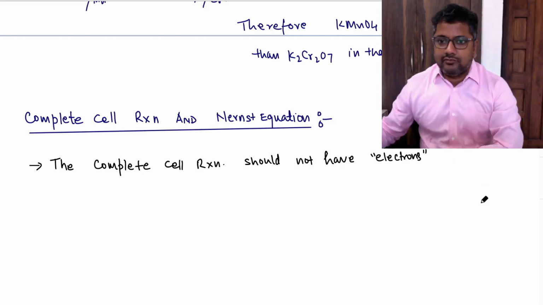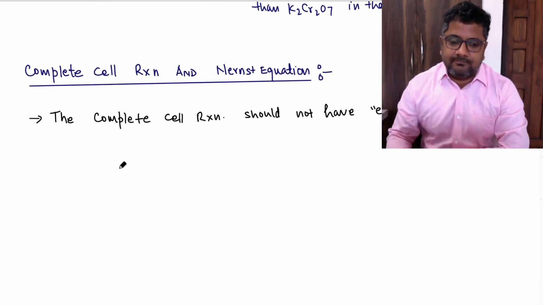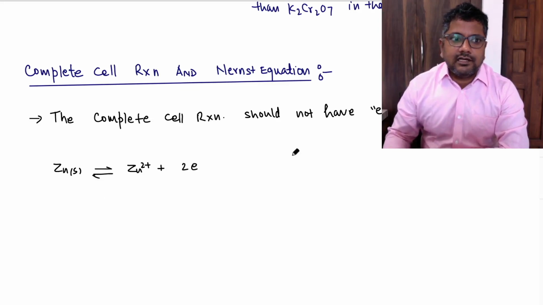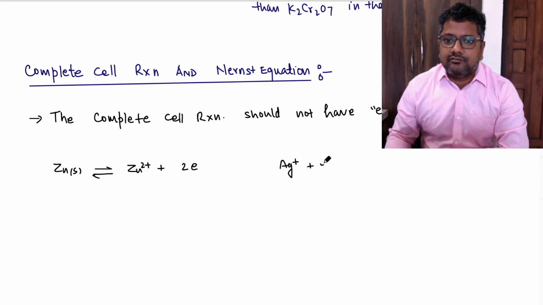How? See how to manipulate this. Suppose that you have Zn solid gives Zn2+ plus 2 electrons, and another reaction is given: Ag+ plus electron gives Ag.